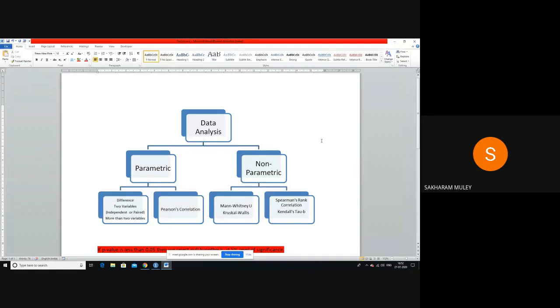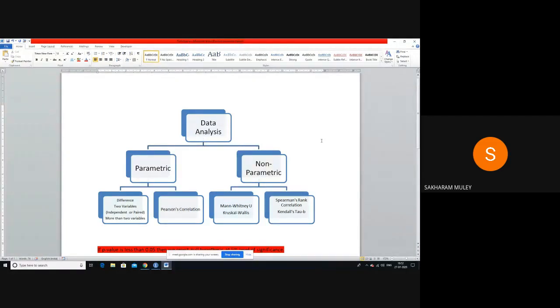Before and after observation means, suppose I am teaching a certain class, and before starting my lectures I give you a test, an MCQ, and I note down your results. Then I take the class, and after my lecture I again give the same type of test and collect data from you. So the teaching becomes your treatment.